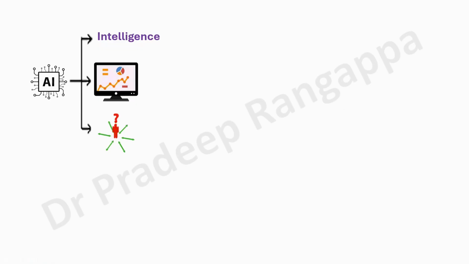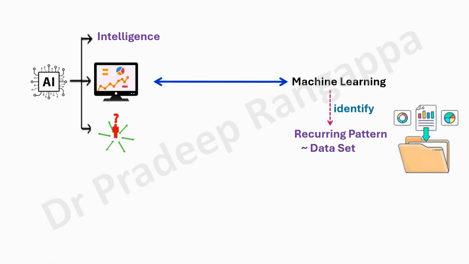Machine learning differs in that it is dependent on a large data set. It identifies recurring patterns within the archived data and makes sense of the data by looking at the patterns in which it tends to recur. That's a subtle difference, although both are used interchangeably.